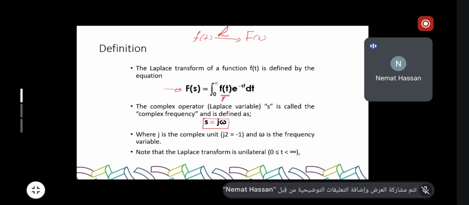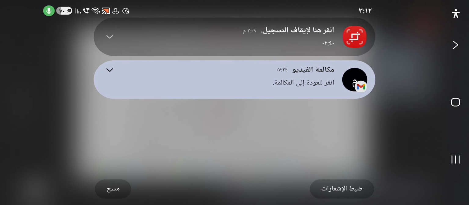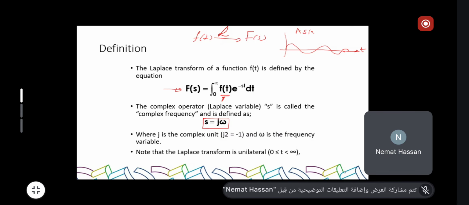So the function can exist as a function of time, f of t, or as a function of frequency, F of s. It's the same thing. If you remember, we discussed sinusoidal functions and we said that they look like this, and that the x-axis represents time. Mathematically we could write it as a sine of omega t plus theta, a phase shift.